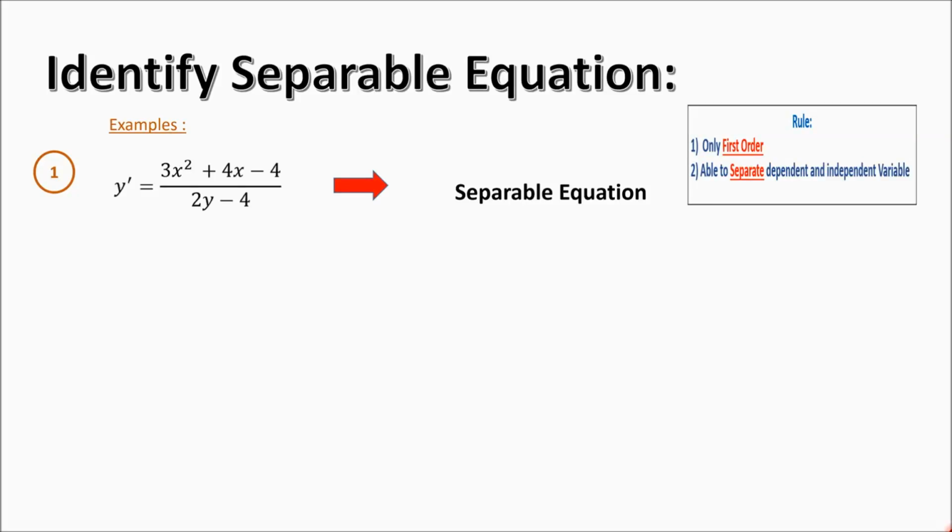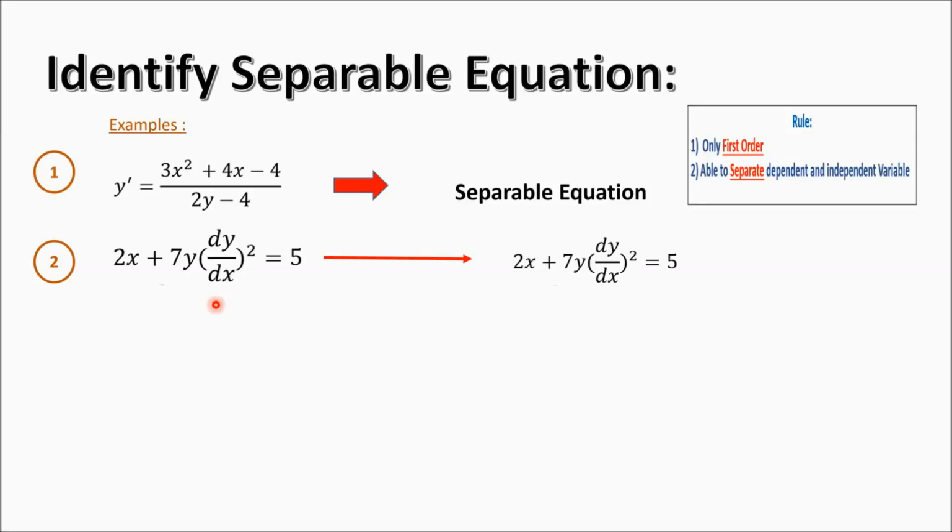Let's take a look at example 2. You realize in this case, the equation has already been put into dy over dx, and this is already first order. We can go ahead to shifting this equation now. What we want to do now is shift the dy over dx to the left hand side. We will bring the 2x to the right hand side. Now that we have done that, we can shift the 7y to the right hand side as well. Now that we have dy over dx squared, we can get rid of the square.